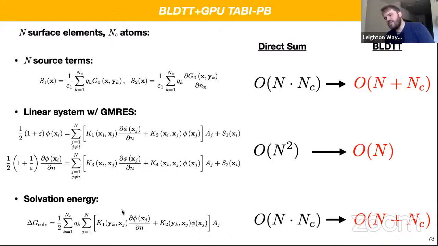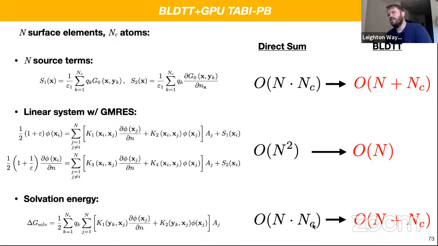The solvation energy, if you want to use some sort of fast summation method to accelerate this sum, you can make either choice, because at the end you'll have to do a reduce where you sum your whole array and you get one final solvation energy sum. So you can make either choice, and we end up making the same choice we do for the source terms.